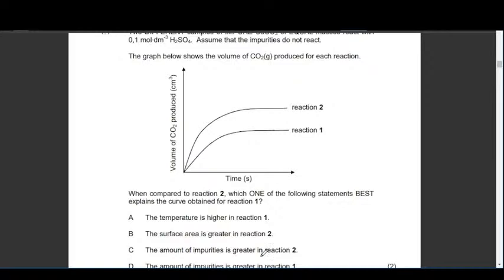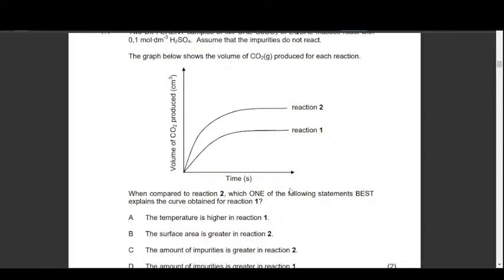So when compared to reaction 2, which one of the following statements best explains the curve obtained for reaction 1?